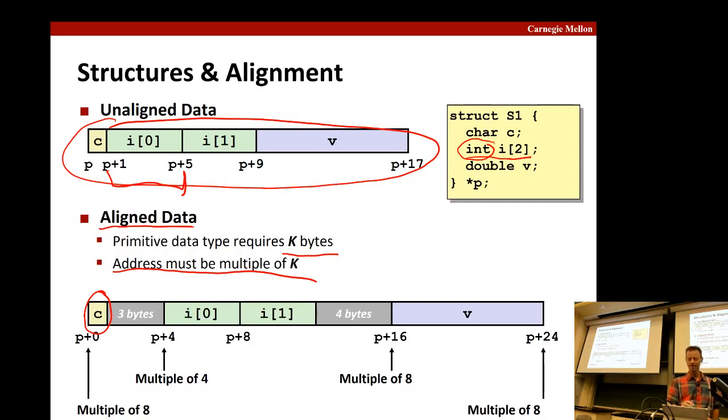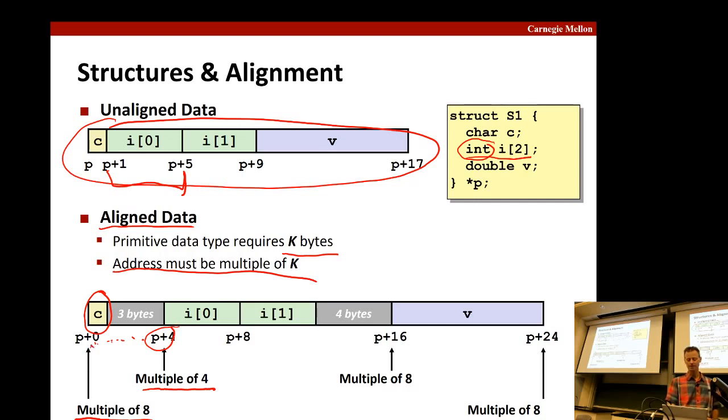And that's more expensive to reference, it turns out. So instead, you have this convention that it's got to be on a multiple of 4. So you start at p plus 1, you go to the next one that's going to be a multiple of 4. Here I forgot to mention that we're starting off, in this case, with p being a multiple of 8. So this will work out.